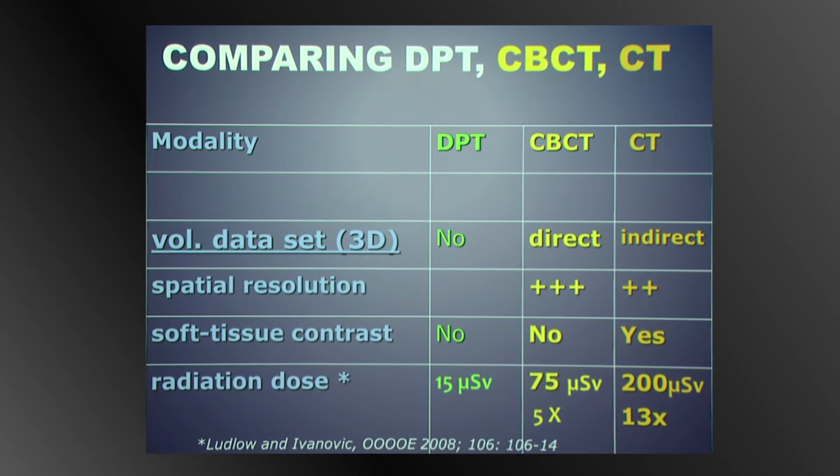There's no soft tissue contrast with cone beam. And the radiation dose is nowhere near what it's been stated to be in the dental literature. For the differences in the radiation dose, a cone beam, an average dose for an average study, 75 microsieverts, so about 5 times an OPG. And the CT dose, what we would achieve if we consider that would be a good maxillofacial examination, would be about 200 microsievert.